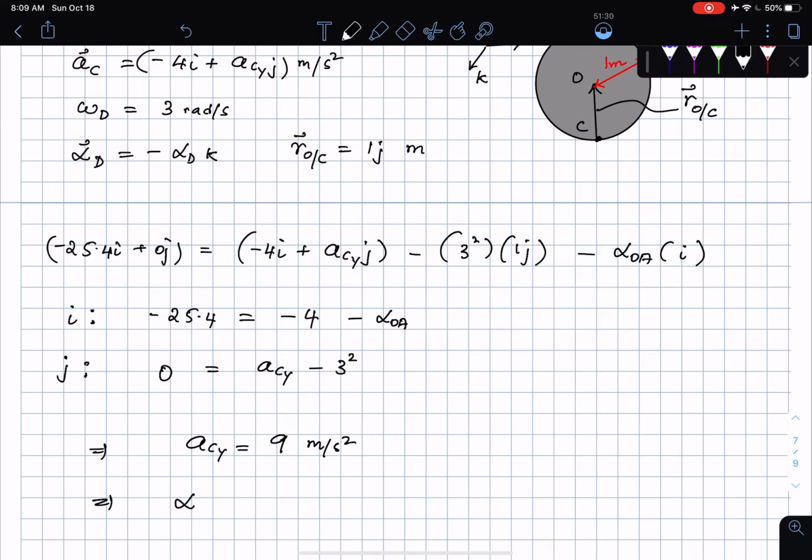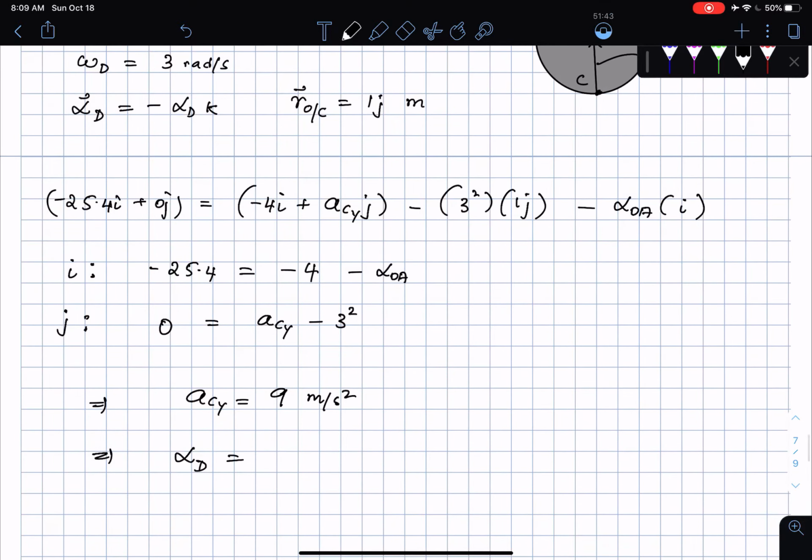Which also tells me that alpha of the disk, I can obtain it. That's going to be minus 25 plus 4, or it's going to end up being a positive value for me. Okay, so if I do the calculations, this is going to be the following. K cross i is j, so this is a positive number. I'm sorry, once again, here there is a typo.